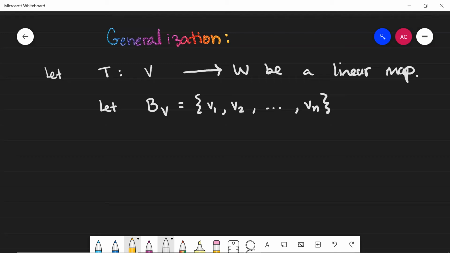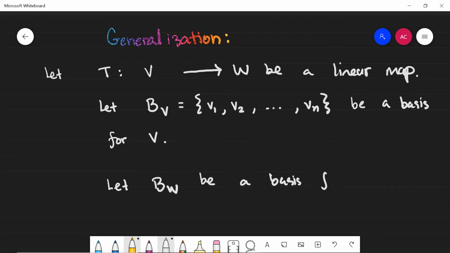So let B sub V be a basis for this vector space V. Now, same thing goes. I want to let B sub W be a basis for W. It turns out I don't have to write down the elements of B sub W, and you'll see why in just a second.